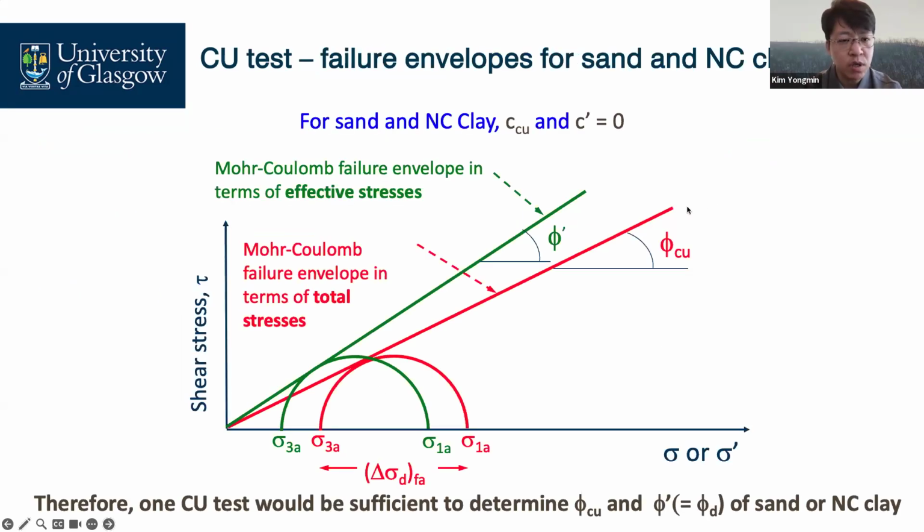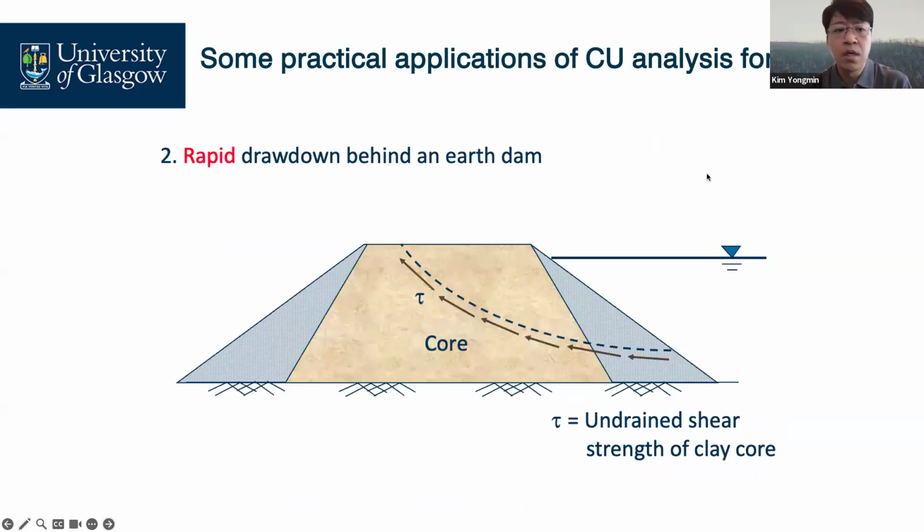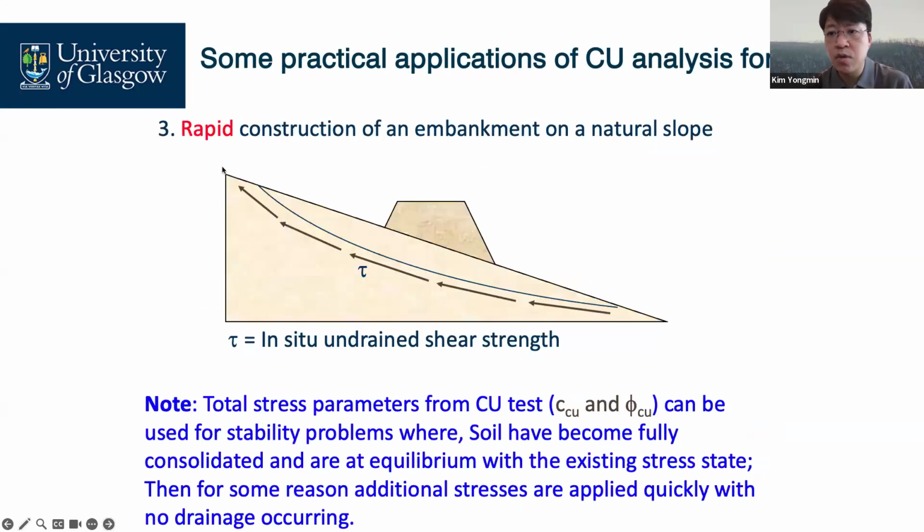The total failure envelope, the effective failure envelope. This parameter can be applied to embankments built rapidly over soft clay deposits. Somewhat rapid, also rapid, in slope stability because it is undrained conditions.